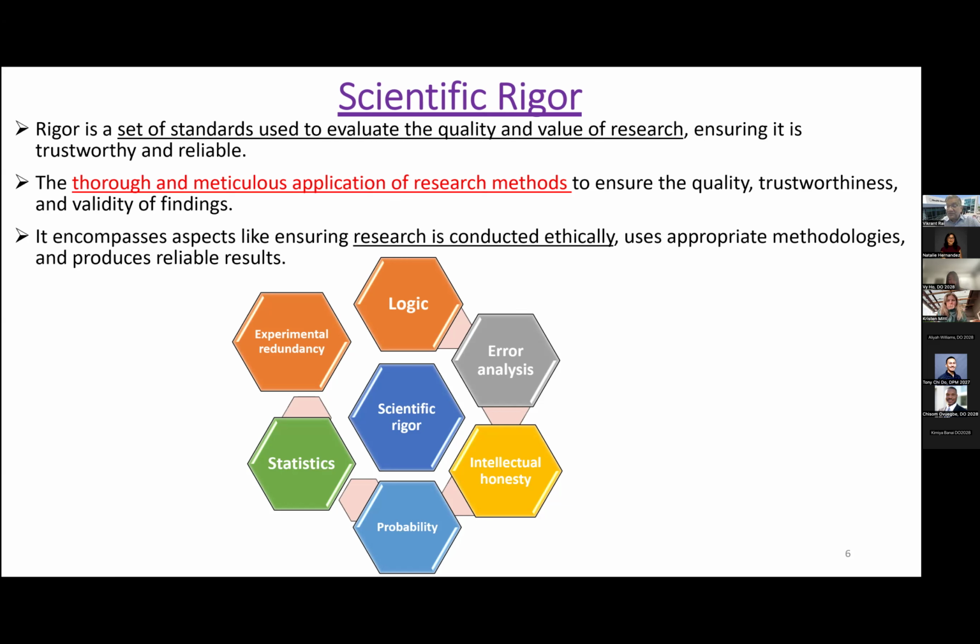Then error analysis. When we are collecting data, there will always be some bias and some errors. So we should always be concerned about errors and bias in research. If we are collecting any data, we should know what errors may happen.